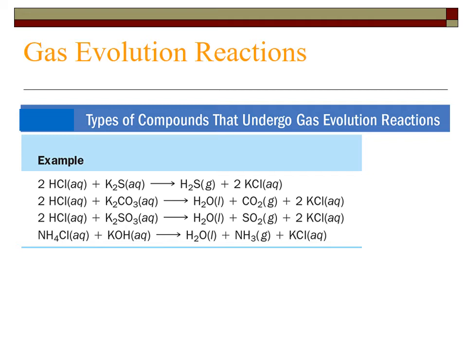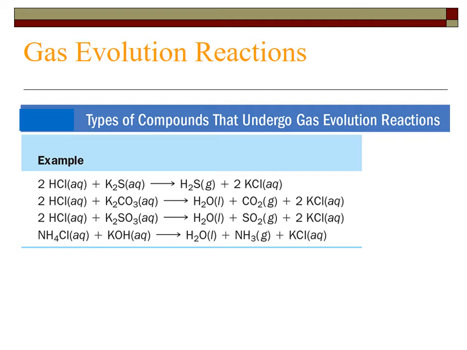If I gave you a list of chemical reactions on the test and asked you whether this is a gas evolution or a precipitation reaction, you would say that if it has a G, it's a gas evolution reaction, meaning some sort of gas is being given off.